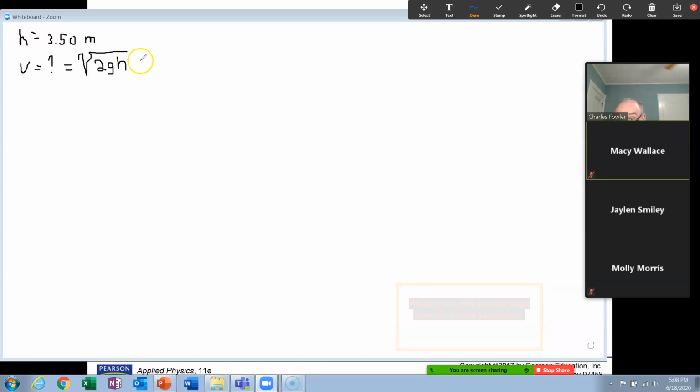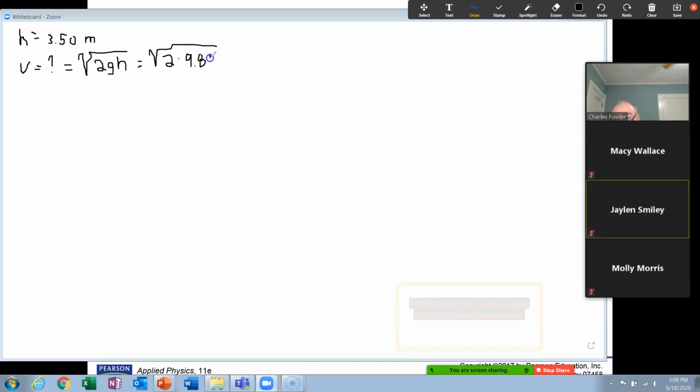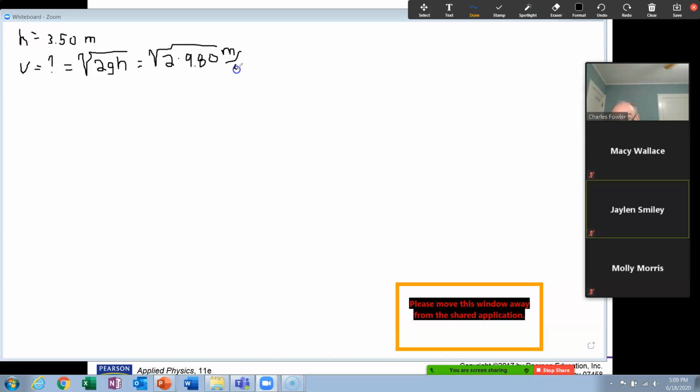Now, what they didn't give us, but they're assuming you know, is what in the world is G? Anyone know? 2 times, what's G? Anybody? Gravity. The acceleration due to gravity, which is 9.80 meters per second squared.